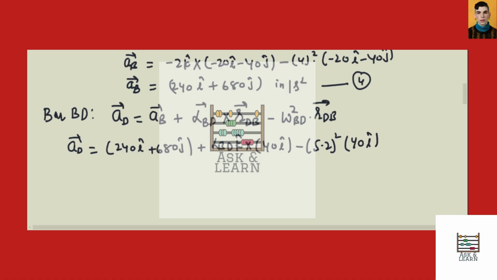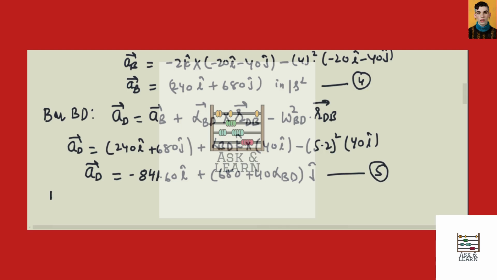On solving it, the acceleration of point D you may write as minus 841.60 i cap plus (680 plus 40 alpha BD) j cap. Say this is equation 5.